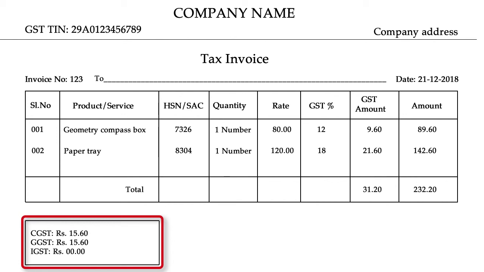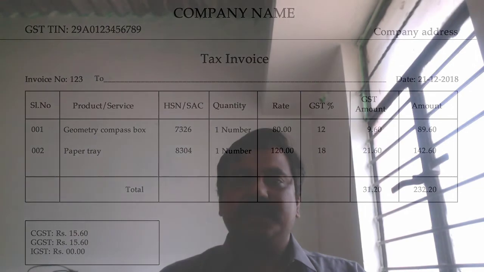And if the trading is between two different states, I mean to say if seller and buyer are from two different states, then you need to charge IGST. That breakup detail you can include in a tabular column, or you can give a detailed description at the end of the bill. So this is how a standard tax invoice is raised.